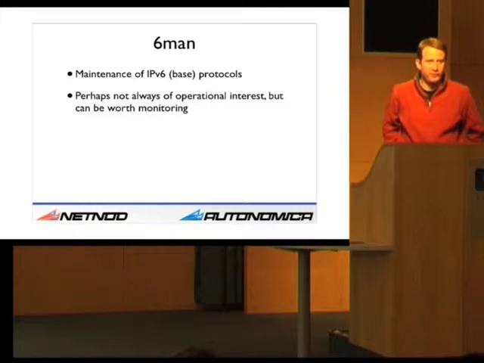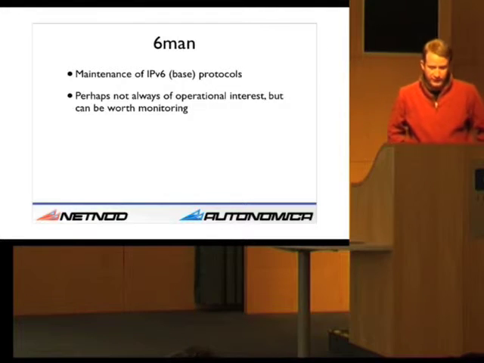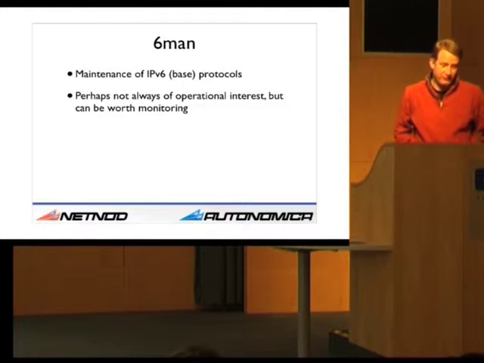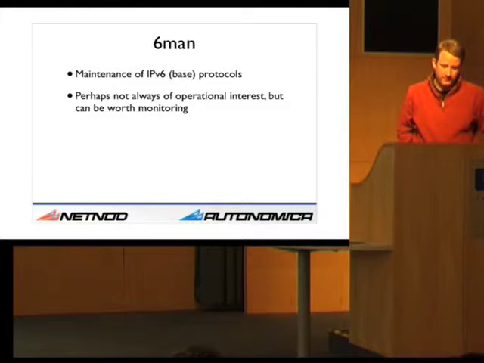Not all of this might be of operational interest. A lot of this is discussion of how to interpret certain bits on the wire, but every now and then there are discussions, especially on the mailing list, that have some operational relevance and might be interesting. One of the things that has been discussed, and my guess is that we'll see a lot more of, is this requirement for the /64 for every link, so that even on point-to-point links you currently have to use a /64 of IPv6 address space.